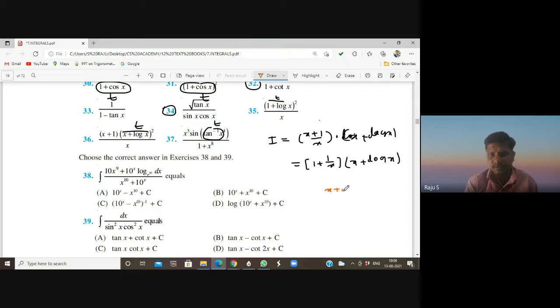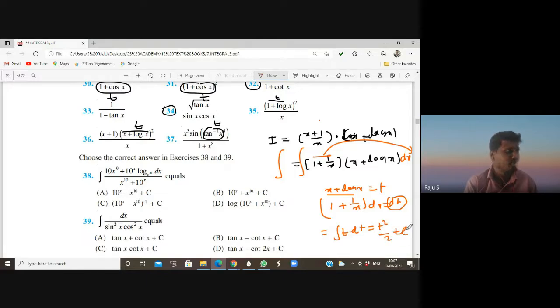When I take x plus log x as t, then the derivative 1 plus 1 by x into dx is equal to dt. So when I take the integral here, the numerator 1 plus 1 by x dx becomes dt, and x plus log x becomes t. Finally, the integral is the integral of t dt. The answer is t square by 2 plus c. Okay, students, this is the answer.